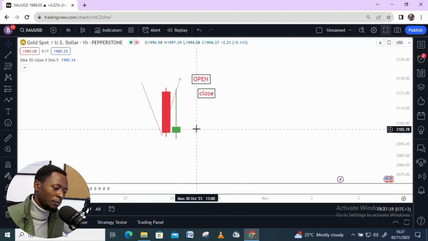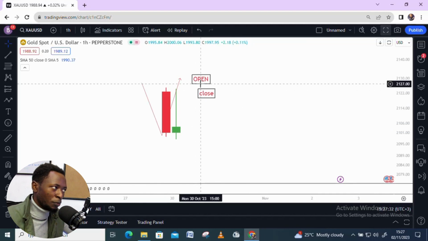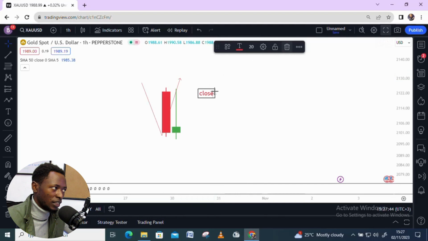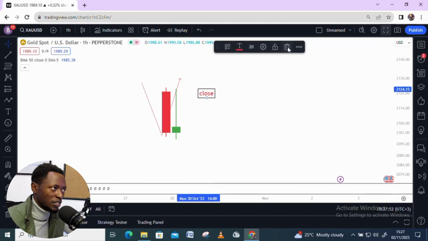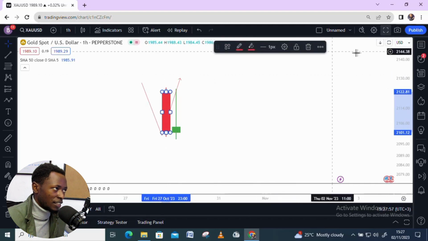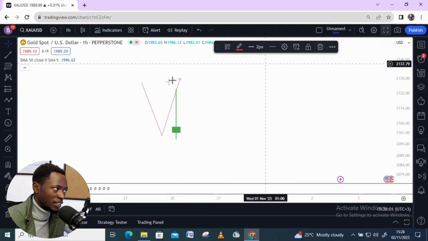For our next example, we'll talk about the shooting star. To put this into perspective, the color does not matter. It just depends on where it forms, the previous candle and the shape. As the name suggests, the shooting star forms in an uptrend.